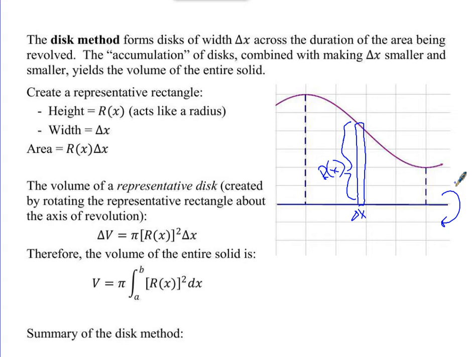Yeah. Okay. Well, then the change in volume that we get as we accumulate volume from this representative disk is equal to pi times the radius squared times delta x.